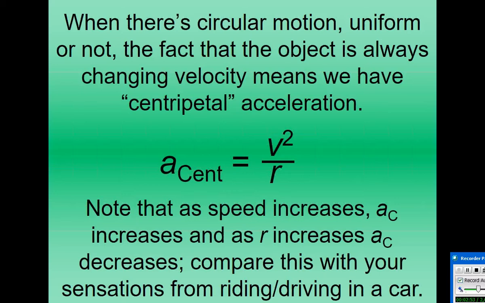R being in the denominator, being small, means that the centripetal acceleration is relatively large. And you feel yourself being kind of pushed towards one side of the car or the other as you go around this circle. And the faster you go around that circle, the greater that feeling of being pushed towards one side or the other. Well, if v goes up and r goes down, then the centripetal acceleration really increases, and that's the situation in which you feel like you're being pushed towards one side of the car or the other.